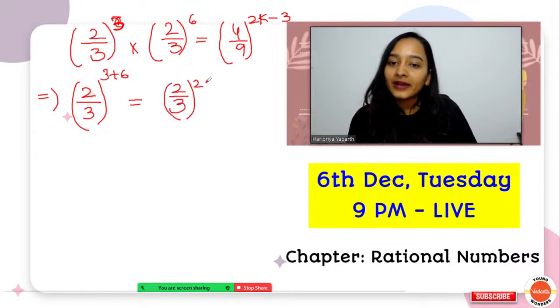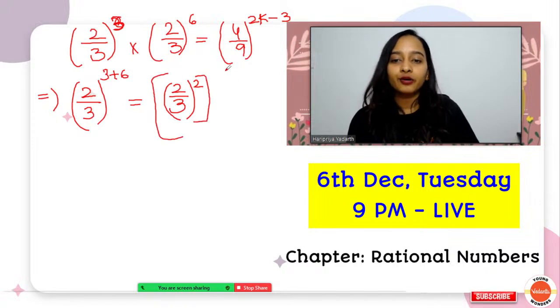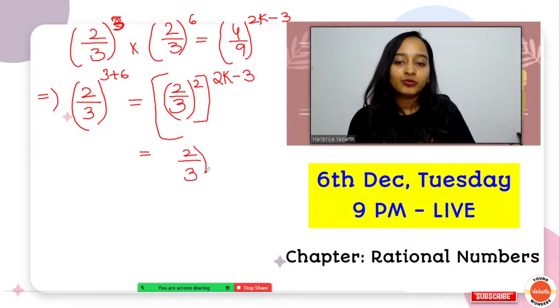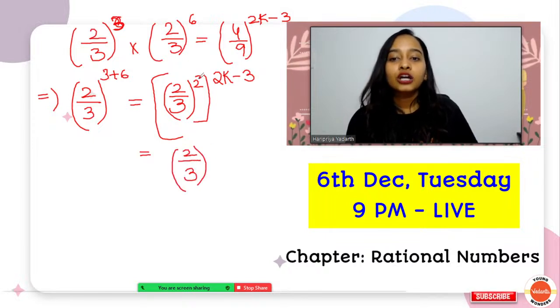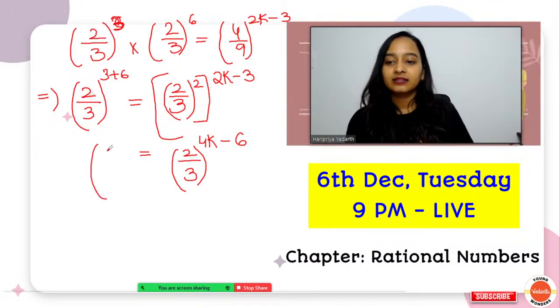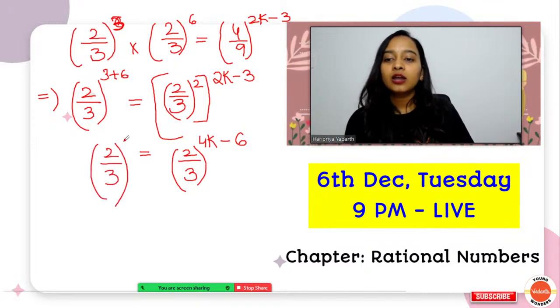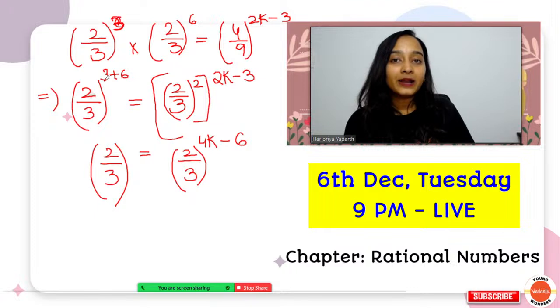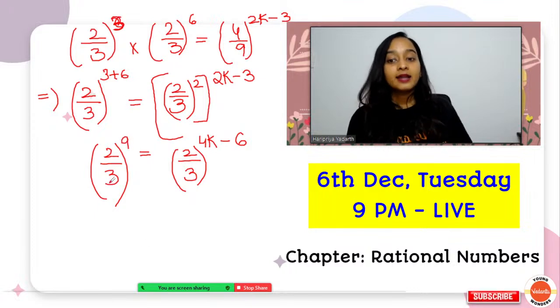That will give you 4 by 9 whole to the power 2k minus 3. So this becomes 2 by 3 whole to the power 2 into 2k, which gives 4k, and 2 into minus 3 gives minus 6. And this will become 2 by 3 whole to the power 3 plus 6, which gives 9. Now what happened?